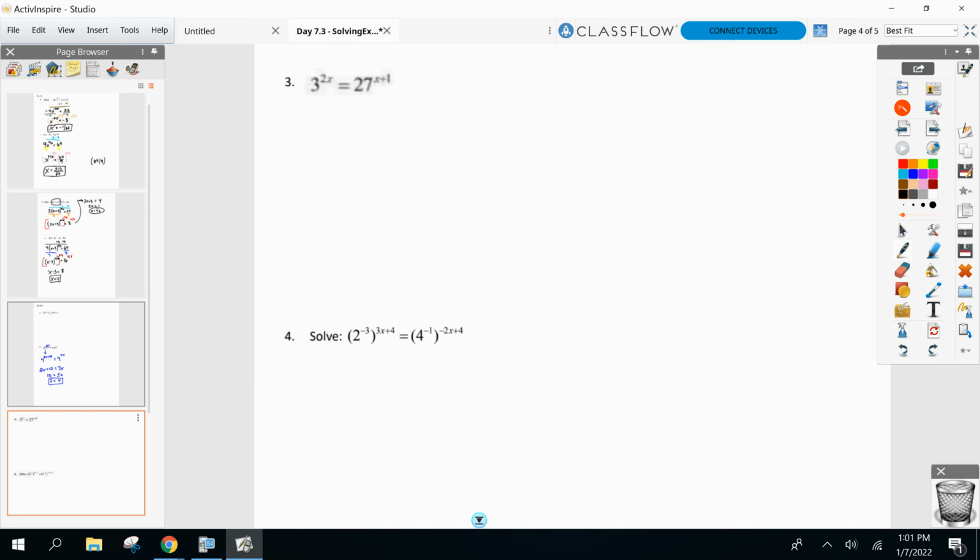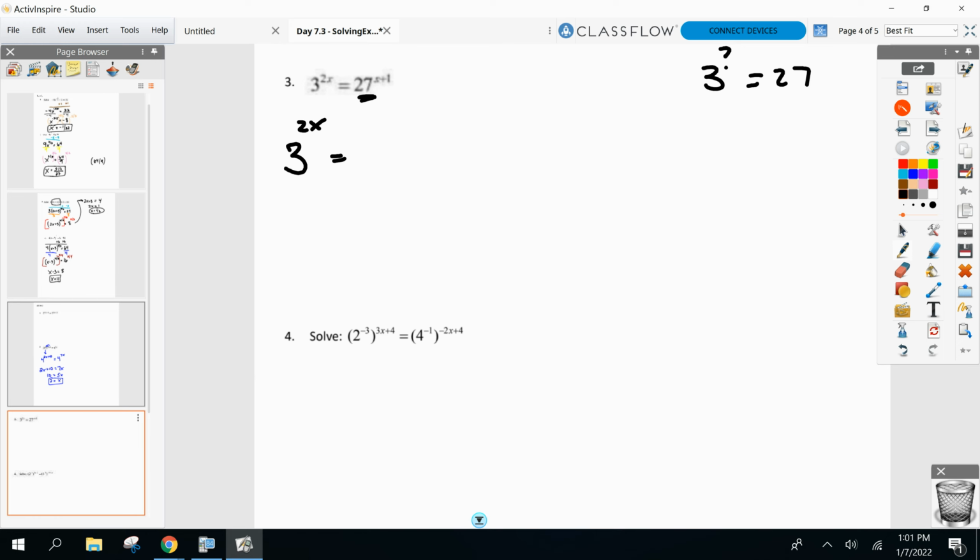So here's the thing. I already have a base of 3 here. I'm not going to really change that. That's probably as low as a base I can go. Now my question is, can you take 27 and write it with a base of 3? Meaning 3 to the something. 3 to the first?